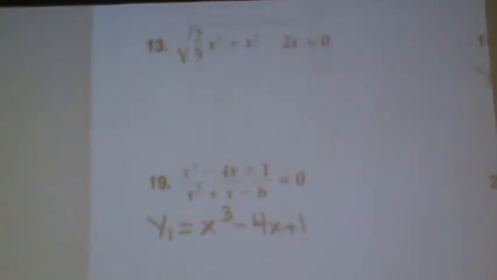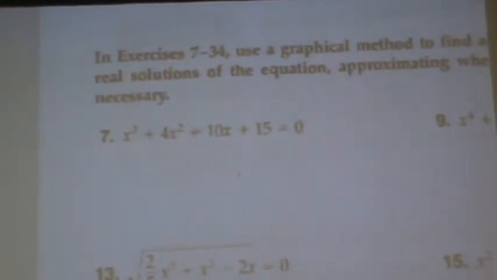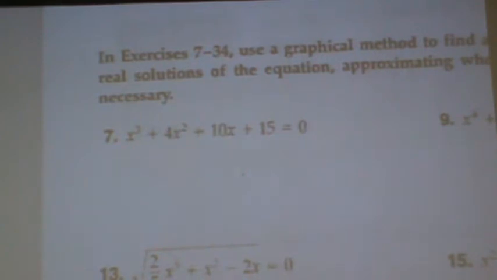So let's start these. Number 7. You're going to type what in your calculator? X to the 3rd plus 4x squared plus 10x and then plus 15.